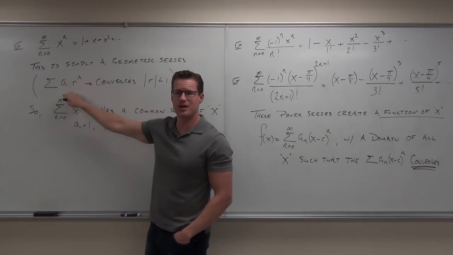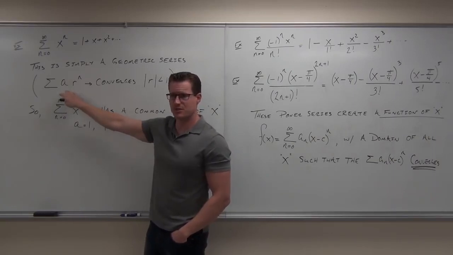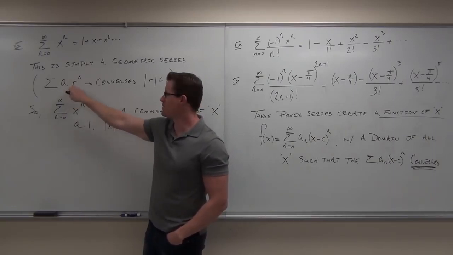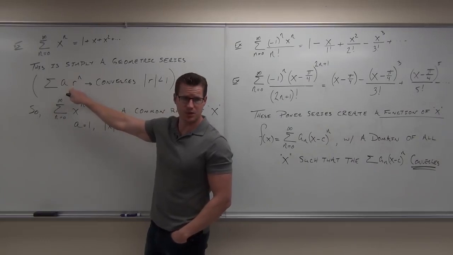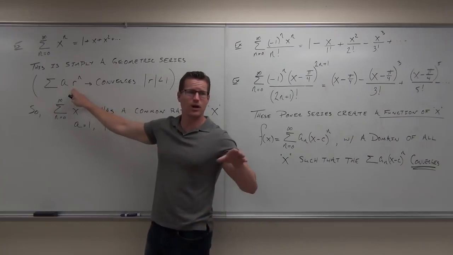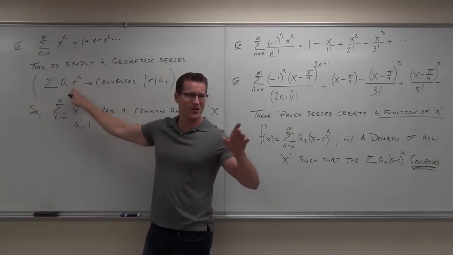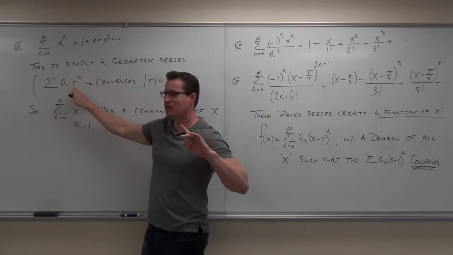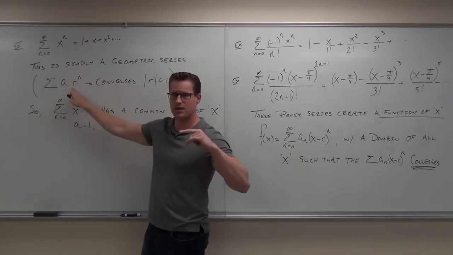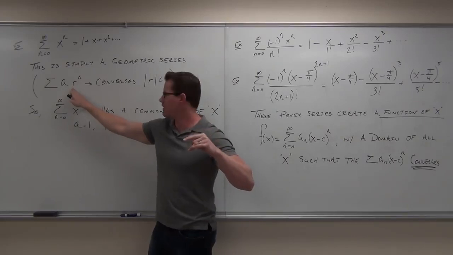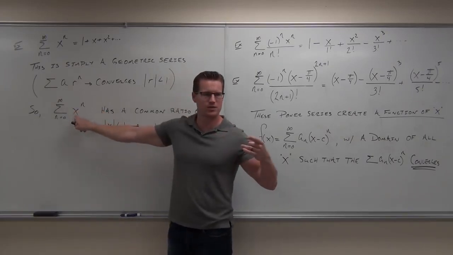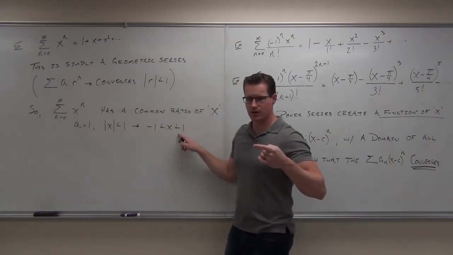Now, what we know about geometric series is that they converge every time this number is between -1 and 1, non-inclusive. Does that make sense to you? I don't care what this number is, as long as it's between -1 and 1, non-inclusive.